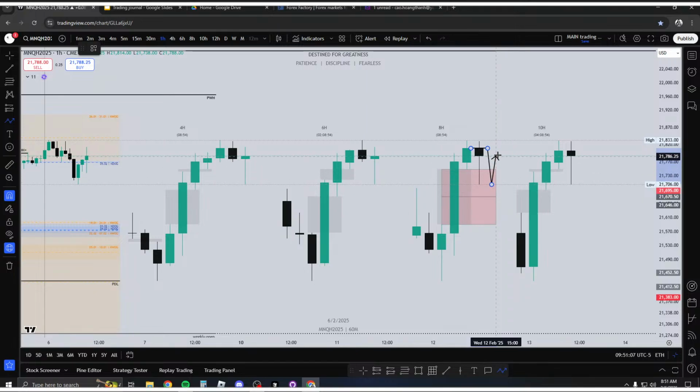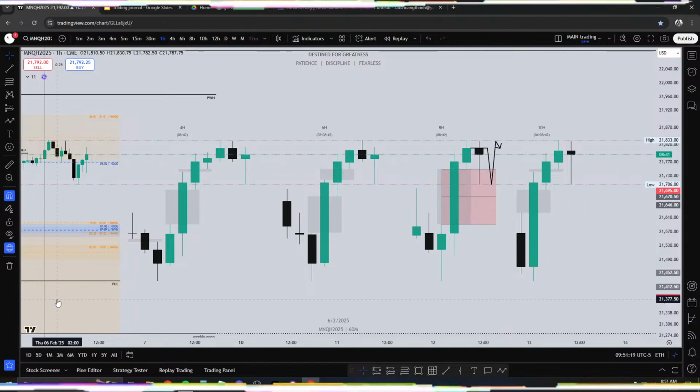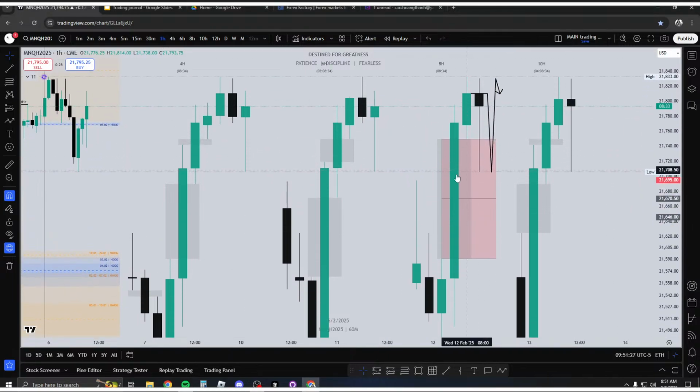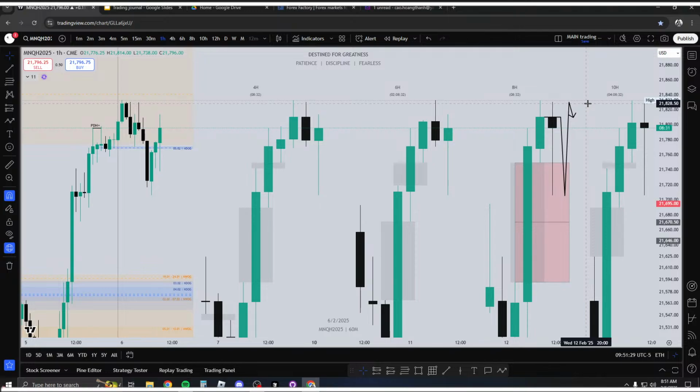And if we create a bullish up close candle, then it's reasonable. I know why we created that candle, because we traded back into an 8-hour inefficiency. There's a reason why we created that bullish candle. But yeah, I want to see us respect this 8-hour inefficiency to possibly continue higher.